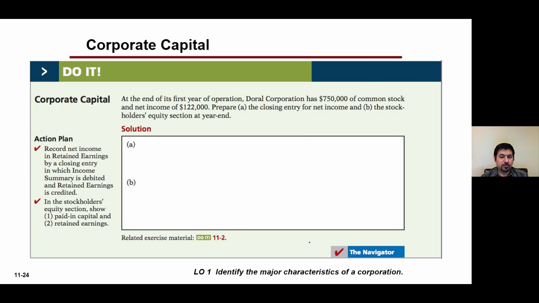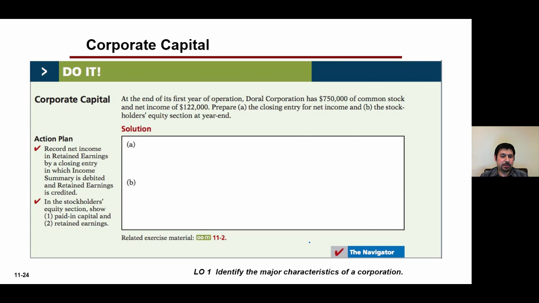So from previous chapters, if you remember, we had the closing entries. We used to close revenues and expenses to income summary, and then we would close income summary to retained earnings and dividends to retained earnings.